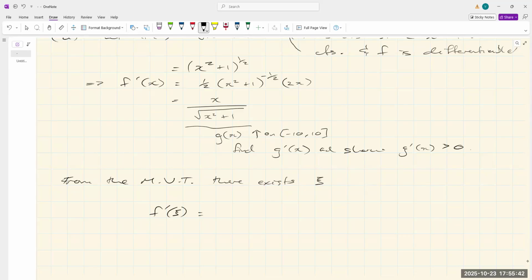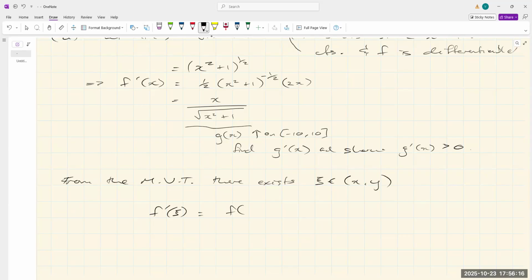What I'm saying is I'm going to write this for any general function, any general interval, some xi between a and b, such that f prime of xi is equal to f of b minus f of a over b minus a. So instead of b and a, we could take x and y. There's some xi in x, y.